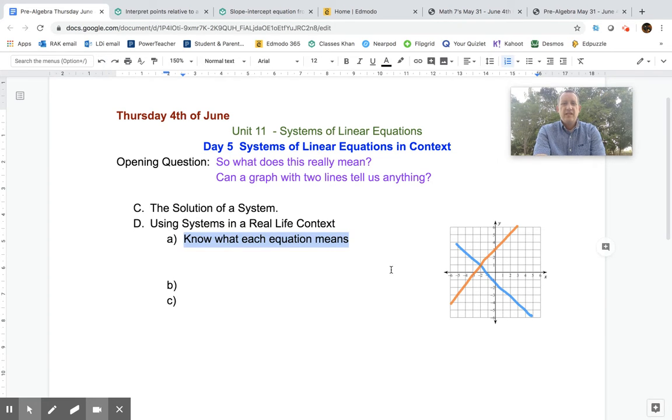Okay? So the first thing you've got to do is, when you look at two equations, ask yourself, what does it mean? When you look at two linear equations, we have the blue one and the orange one. If I had a context, let's say I was going to compare how fast one person working by himself worked versus how fast three people who took shifts and turns worked.